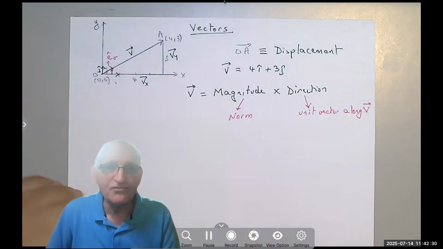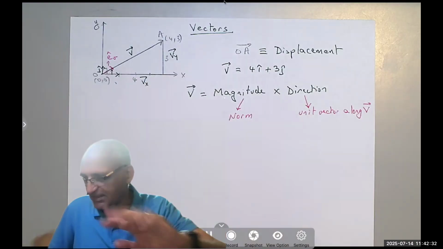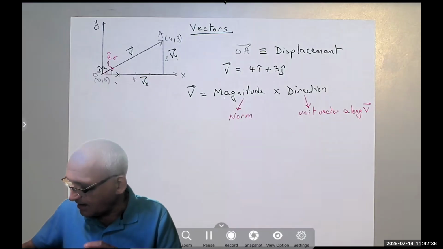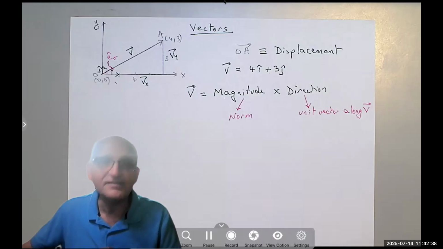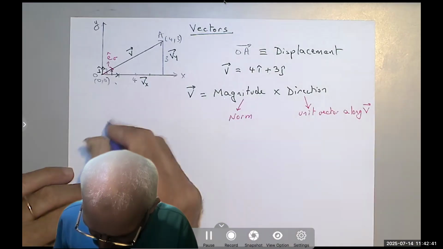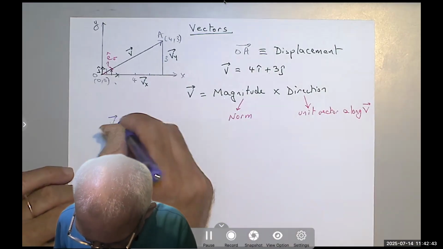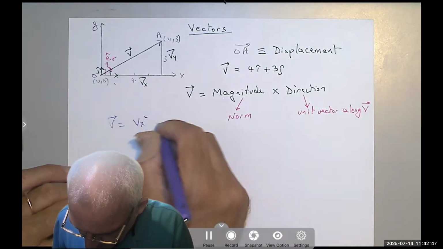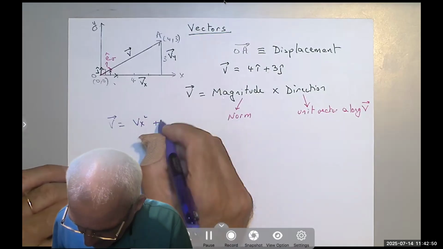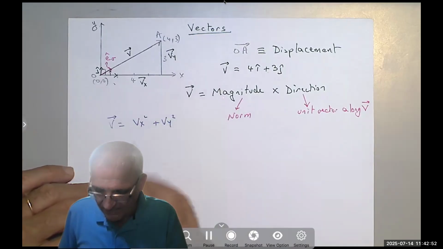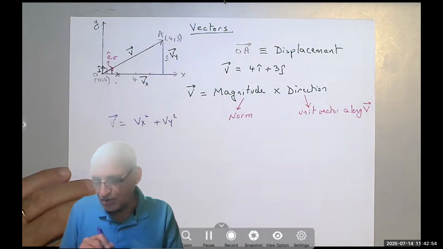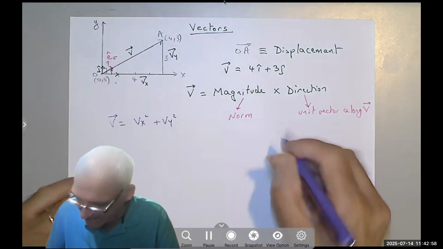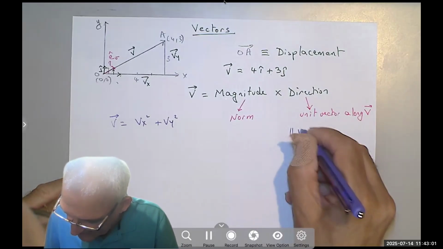What is the magnitude of OA? 99%, if not all of you already know that we use Pythagoras to help us with that, right? We can say that V equals V sub x squared plus V sub y squared. Usually we write the magnitude between two pipes. So I say the magnitude of V, I would write it like that.